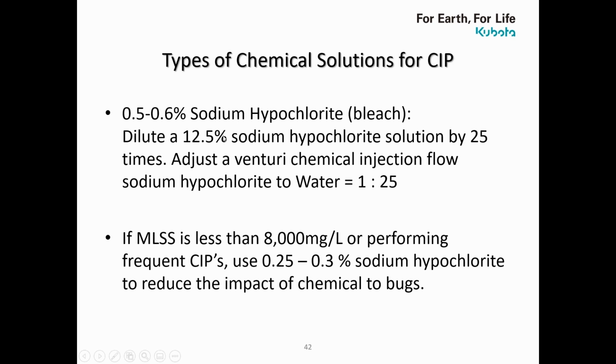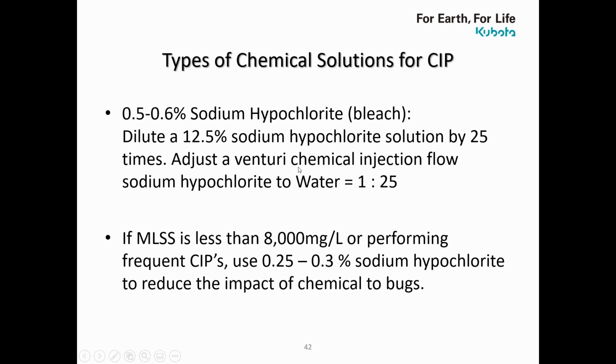So for sodium hypochlorite, we typically buy a tote of 12.5%, then you mix that 25 times, and it will end up 0.5%. You have 12.5%, dilute it 25 times with water, and you can end up having 0.5% sodium hypochlorite.